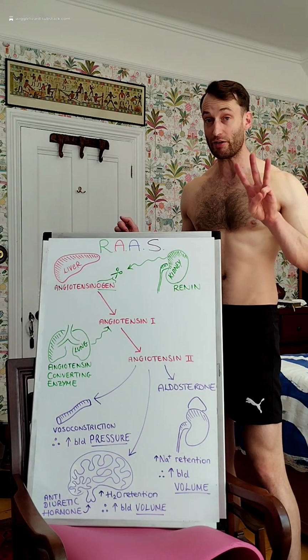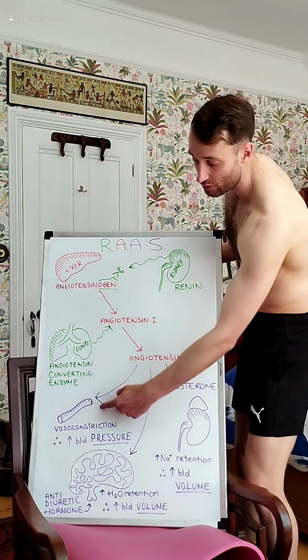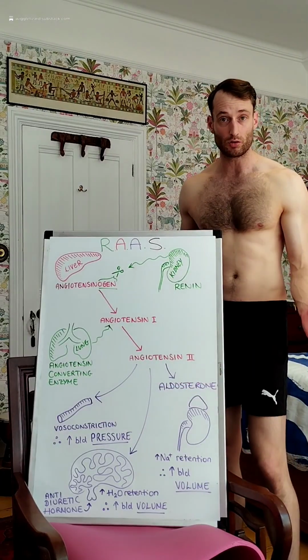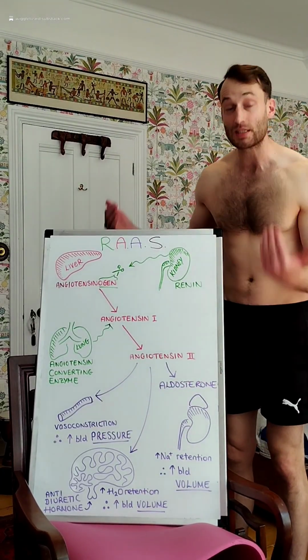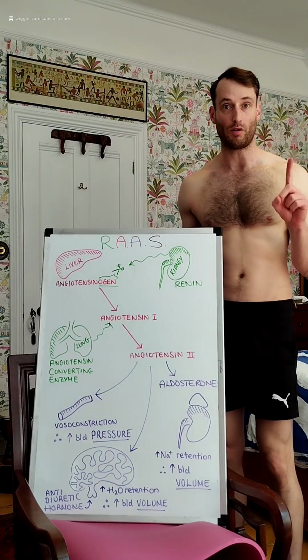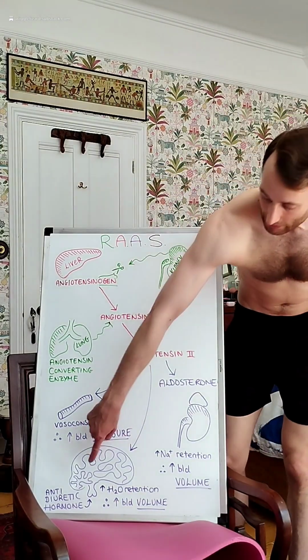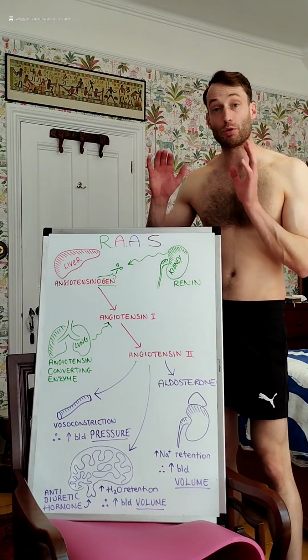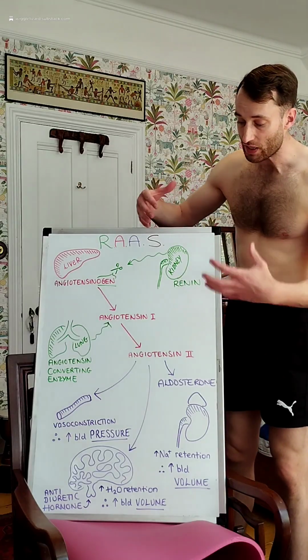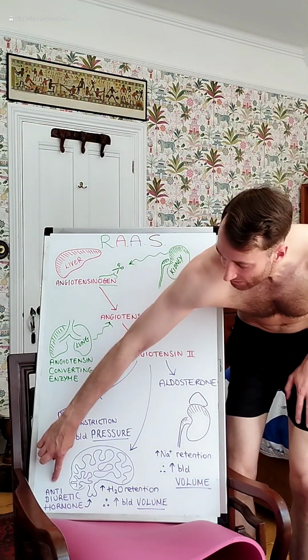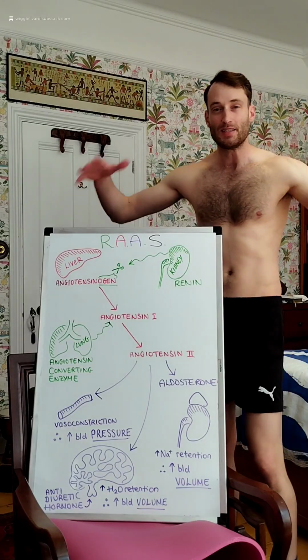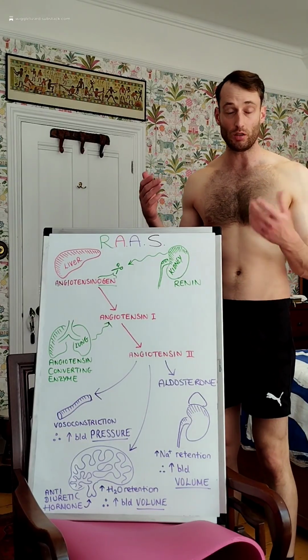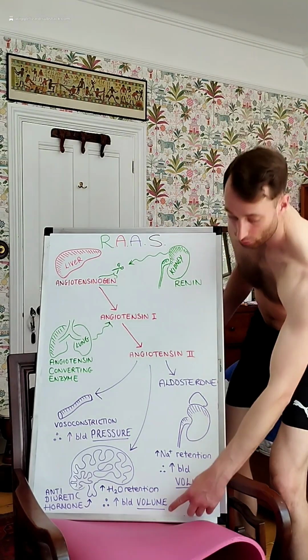This has 3 effects. It causes vasoconstriction of blood vessels, which increases blood pressure, one of our aims. It acts on the posterior pituitary, which secretes antidiuretic hormone, ADH, which increases water retention and therefore blood volume.